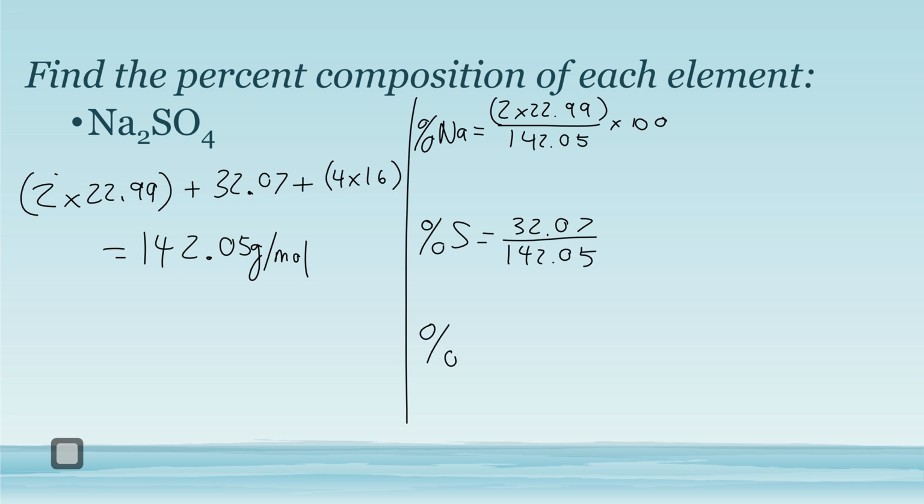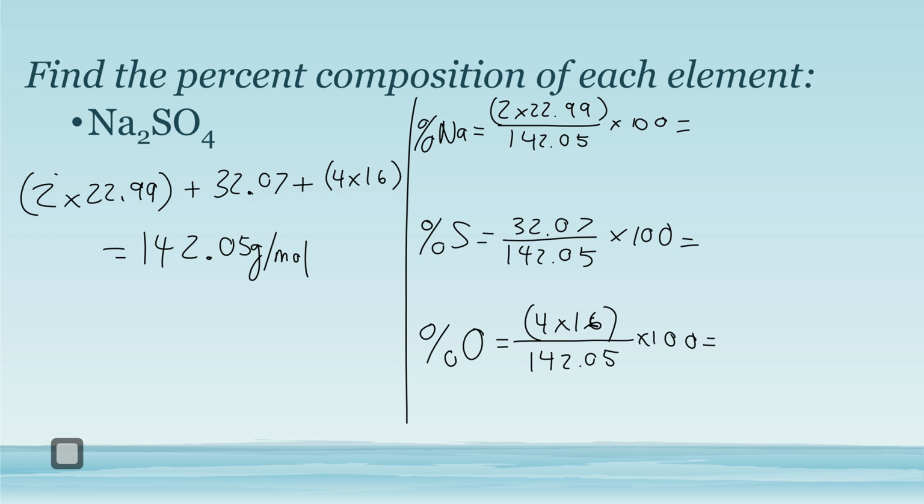And the percent of the oxygen will be 4 times 16 over 142.05 times 100. Gotta go back up here, times 100. And there you got all of them. And then you just plug it in. And again, they should add up very, very close to 100. It's okay if you add them up and you get like 99.99 or 98 or 100.01. It's just because you're rounding.